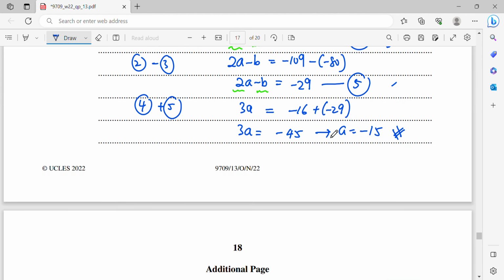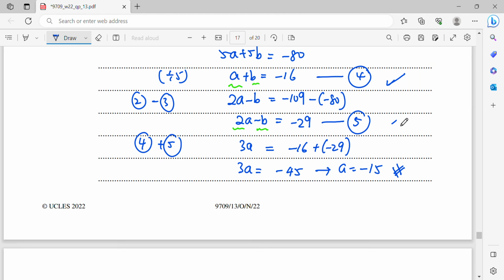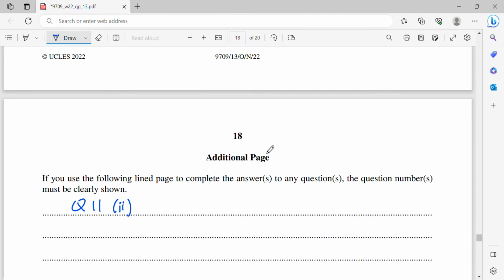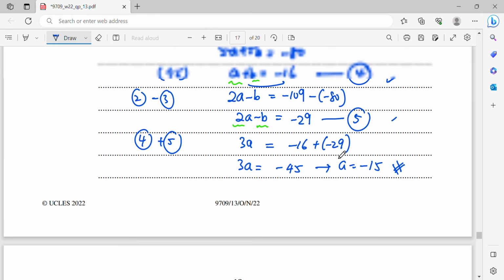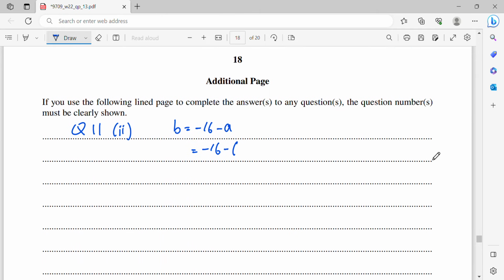Now I will substitute into the fourth equation to get the b. So now my b is minus 16 minus a, which is minus 16 minus, my a is negative 15. So negative 15. Therefore, my b is minus 1. Okay, so found the b.